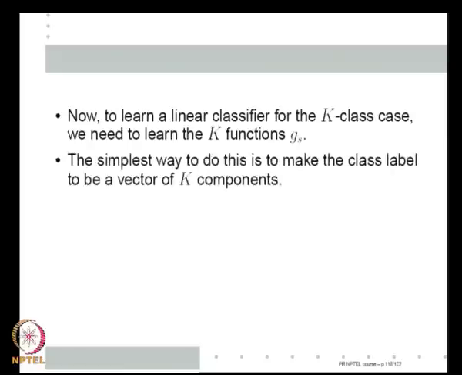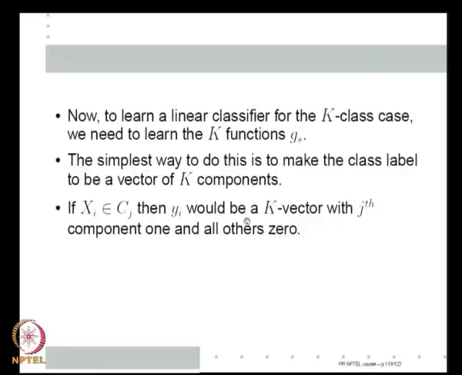The best way to do this is to use our vector valued idea of regression functions. So, what we do is we make the class label a vector of k components. What does that mean? If x_i belongs to C_j, then in the training data the class label y_i, instead of simply taking value j, actually will be a k-vector with the jth component 1 and all others 0.